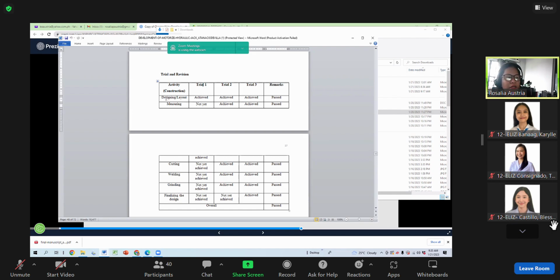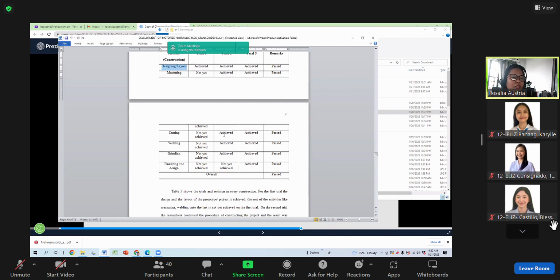Dropping of, ilagay nyo dyan, dropping of bricks. So, doon sa paglayo, siyempre paglayo, how can I say it in Filipino? The higher the materials is, when you drop it, ano mangyayari? Siyempre, mas mababasag siya. So, you have to explain that kung yun ay bricks. Okay? So, explain nyo yan.